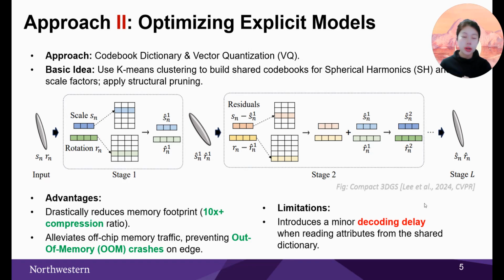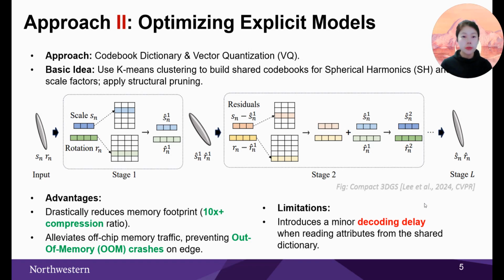In standard 3D GS, the spherical harmonics coefficients used for color representation can occupy up to 80% of the total memory. Compact 3D GS addresses this by applying k-means clustering to build shared codebooks for colors and scaling factors.